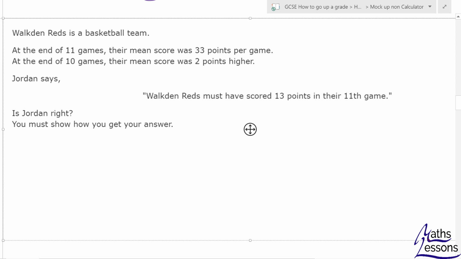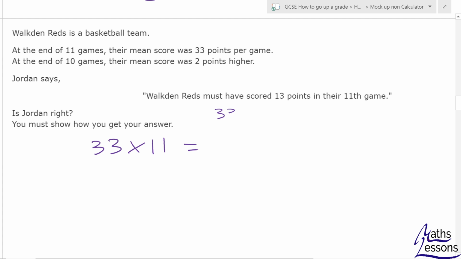Okay, let's see how you got on. So at the end of 11 games, the mean score was 33 points per game. So therefore, the total points is 33 times 11. If we do 10 times 33, it's 330, plus another 33 will give us 363 points in total.